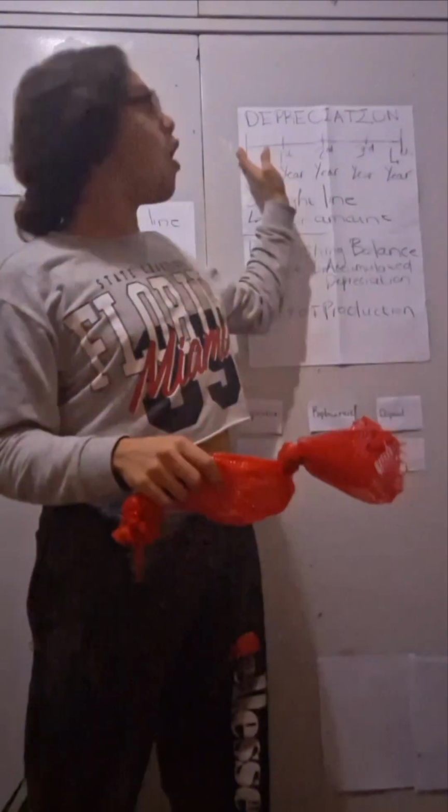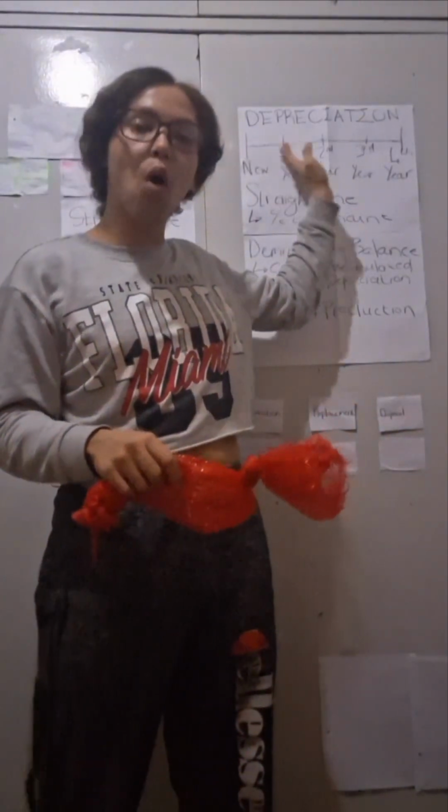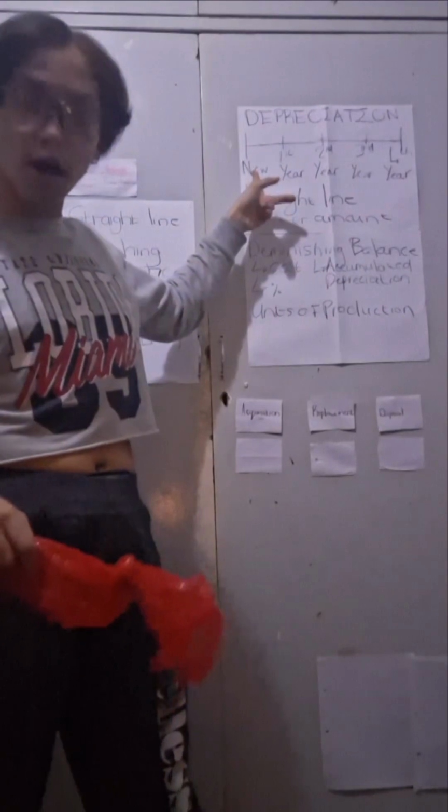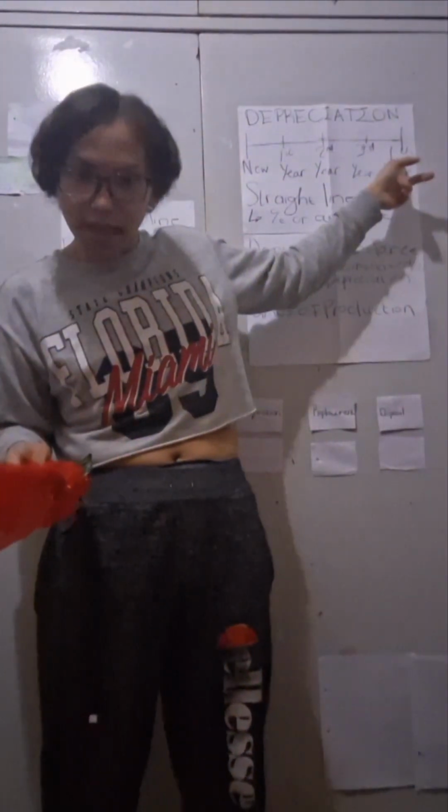So now we can either just dispose of it, throw it away, or give it to someone, or we can sell this. And if we were to sell it, we would then have to calculate the carrying amount of it. We would have to calculate all the depreciation from all the 4 years, subtract that from the cost at which we bought it to get the carrying amount at the end of the 4th year.